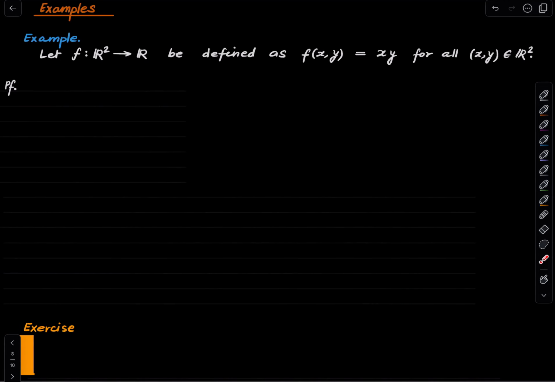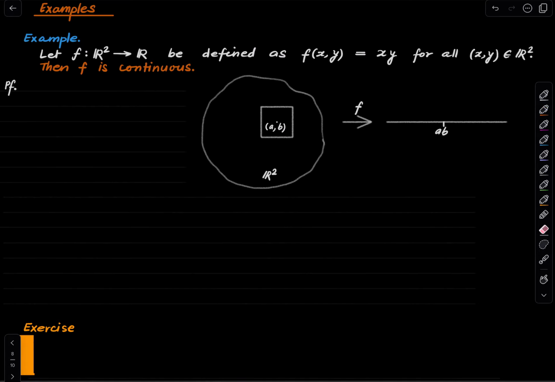Now for another interesting, equally interesting cousin example. We have a function from R2 to R, which now multiplies the two coordinates. And we would like to show that this is continuous. Again, we have this diagram. This time, (a, b) maps to ab.